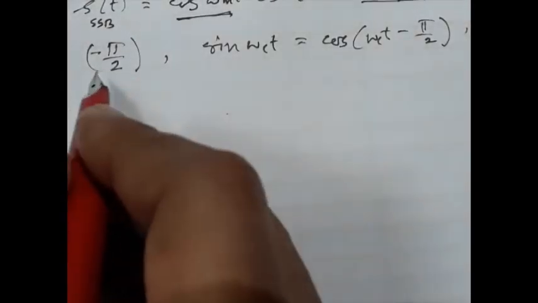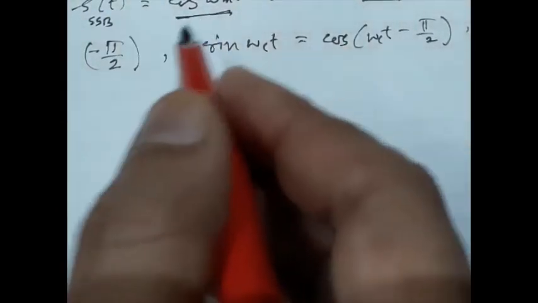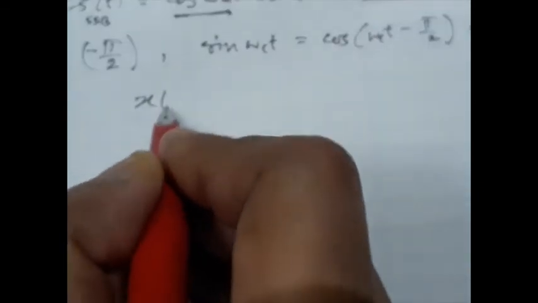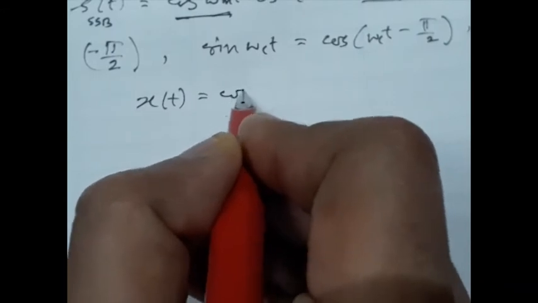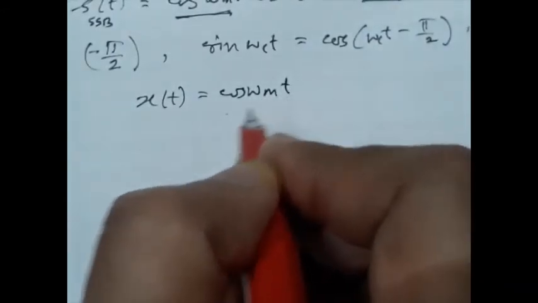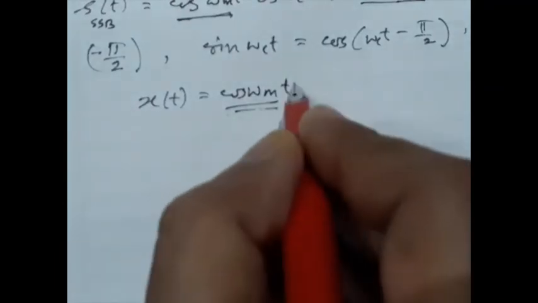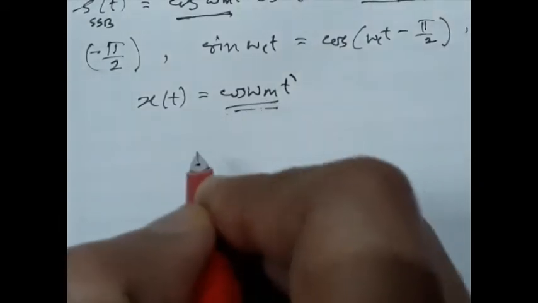So now if I want to make it general, that means instead of writing cos omega mt, if we write say xt equal to cos omega mt, for this case, now for single tone xt equal to cos omega mt.